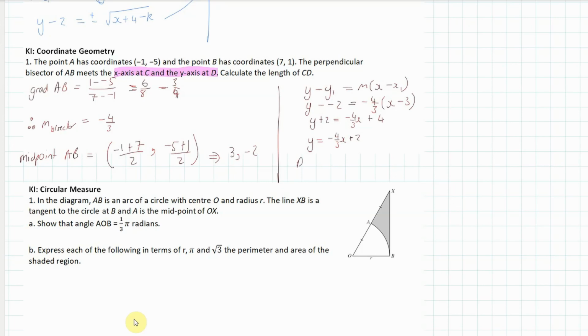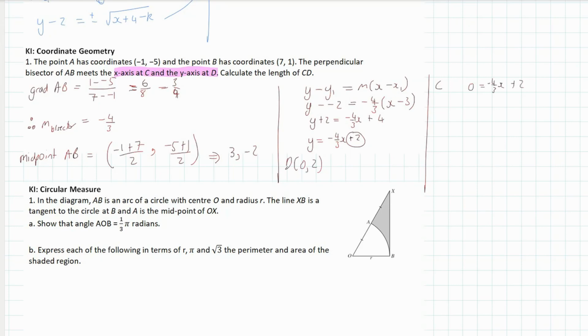And so D is at the y-axis. Well, let's say C is at the x-axis, so that's when y equals 0. And D we can just use this, can't we? So D is the y-intercept, which is 0, 2. And for C, we know that it happens when y equals 0, so 0 equals negative 4 thirds x plus 2.